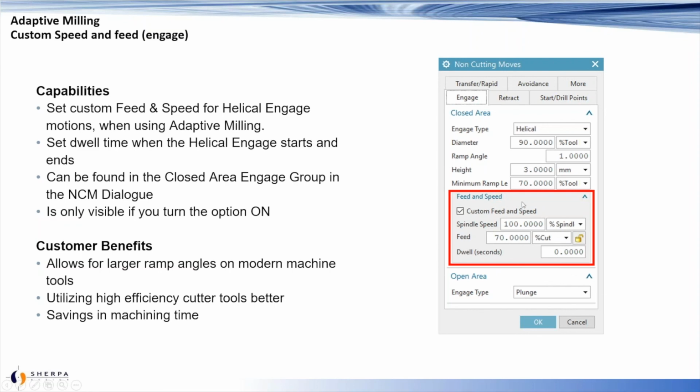And so now you could tweak it a little bit inside custom feed rates, inside the feeds and speeds options, but now it's automatically right there in the engage for adaptive milling. And so it's really quick. You can just change it to whatever you need.